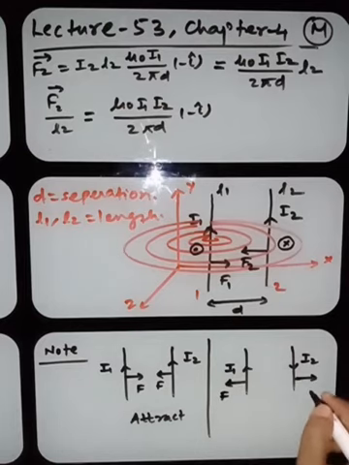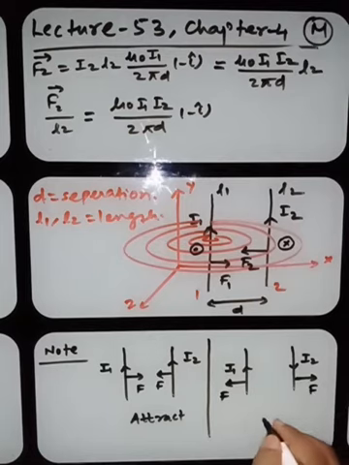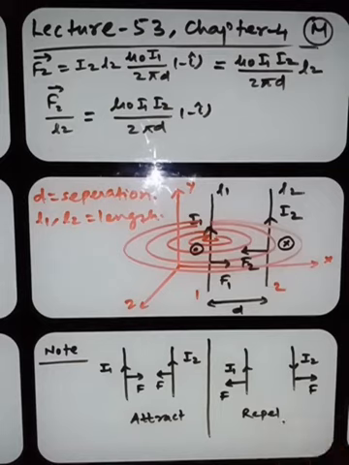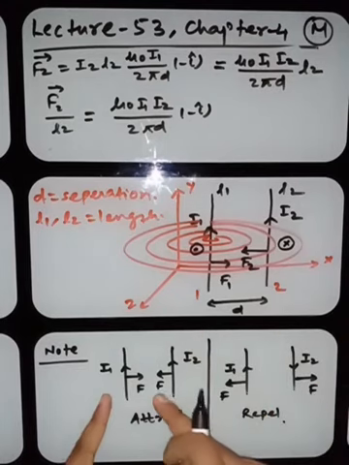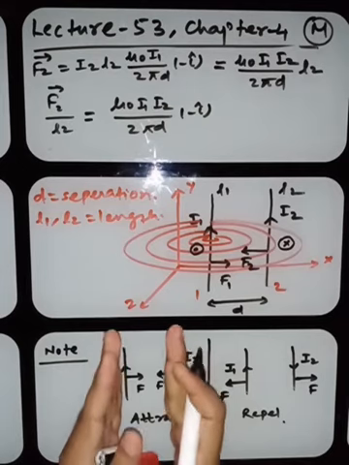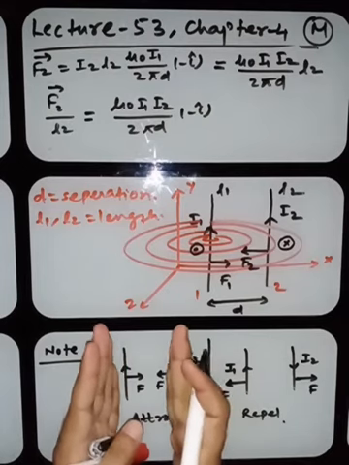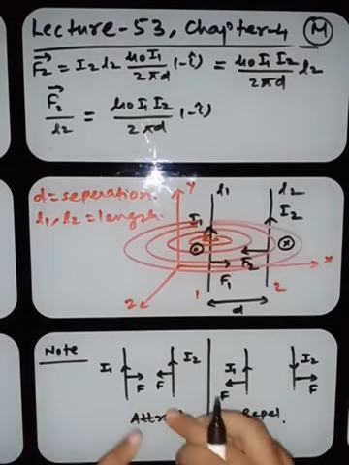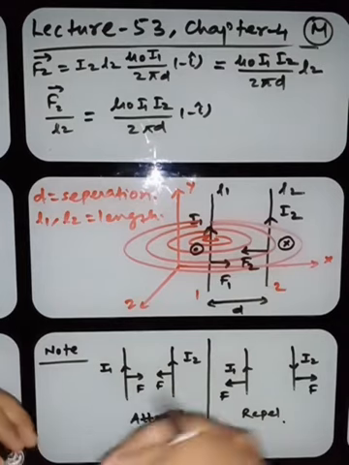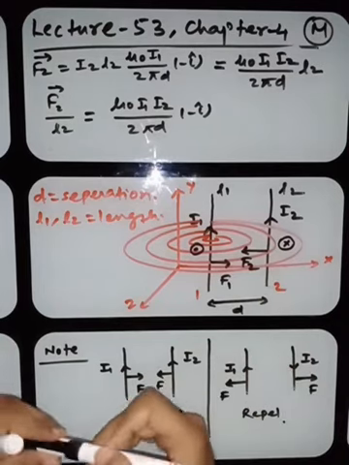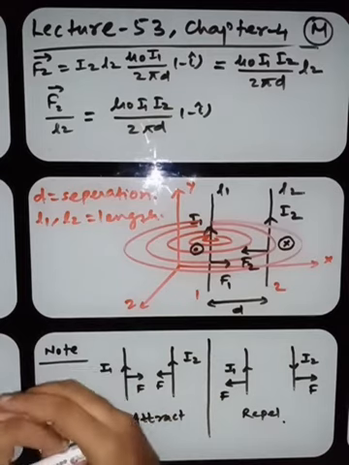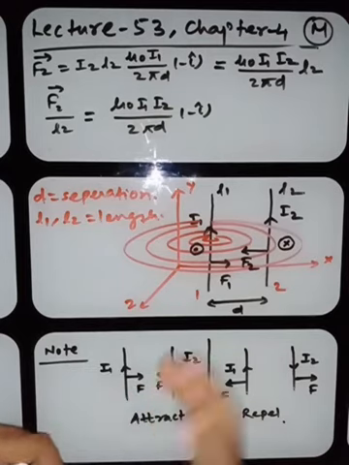This is very important, must remember. Even if you give a slight angle between these two conductors, they will still attract each other, although the magnitude of force will change, but it happens.